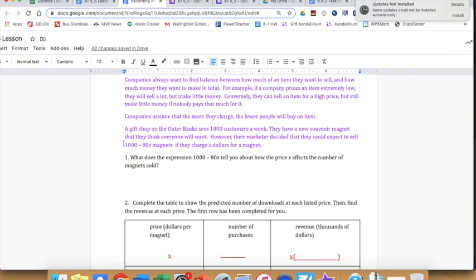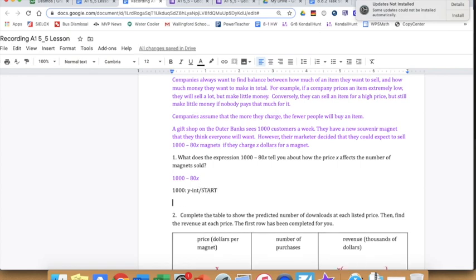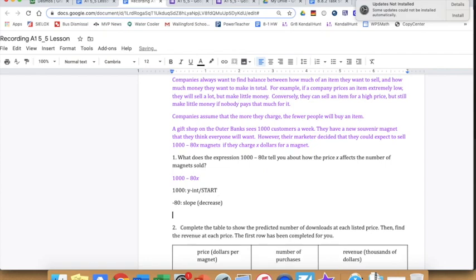If I have 1,000 minus 80x, 1,000 is my y-intercept, or my starting value, and my negative 80 is my slope. Slope is like an increase or decrease, and in this case, it's a decrease. And x is the price of the magnet.